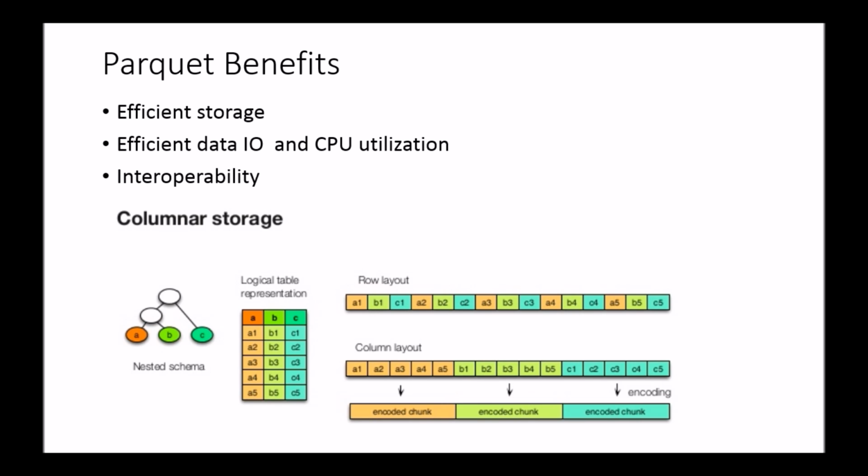Parquet is universally understood by almost all the Hadoop projects. So if you are working in Spark and Hadoop HDFS environments, or if you need to work with Hive or Impala or various other Hadoop ecosystem-based projects, then Parquet is very much interoperable.